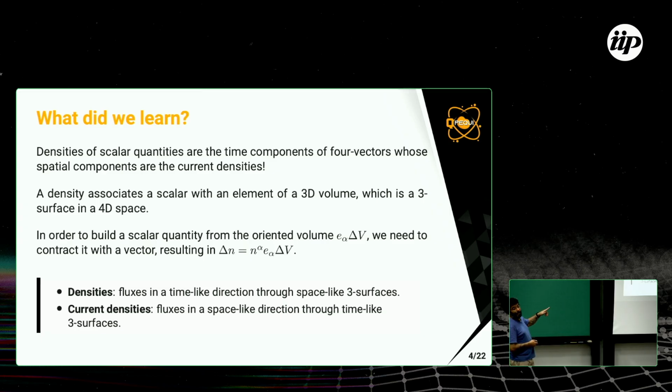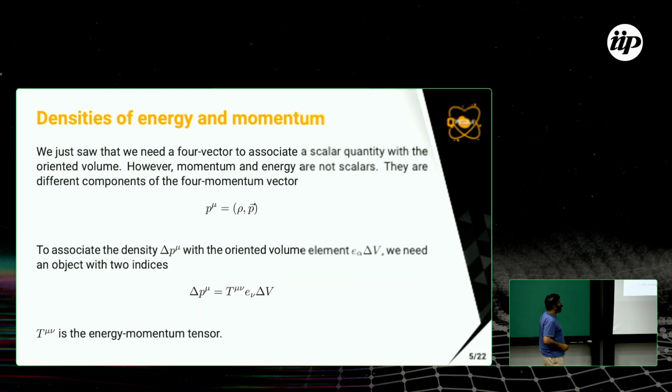We did the same thing in electrodynamics, exactly the same thing with the electric charge. But here, we need to build a density based on energy and momentum, because we know that energy and momentum are the sources of gravity. Einstein knew this, and so you need to build a density from this.